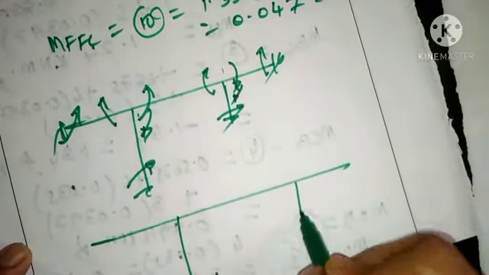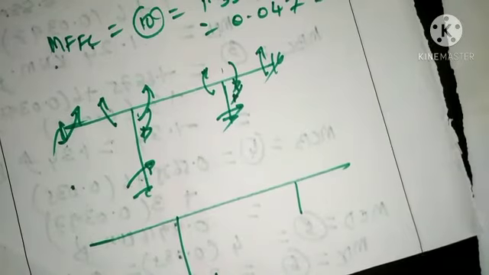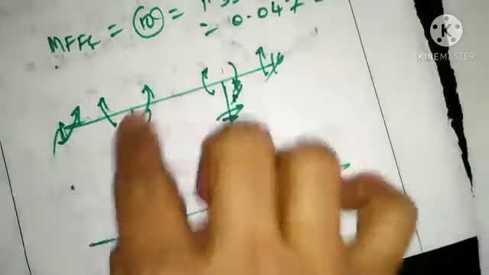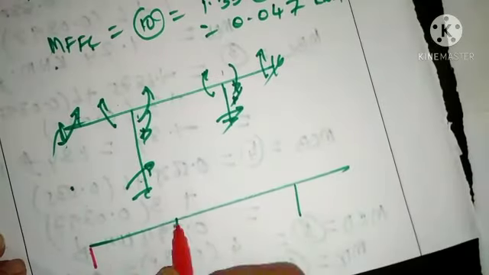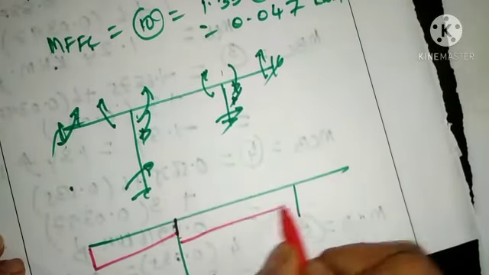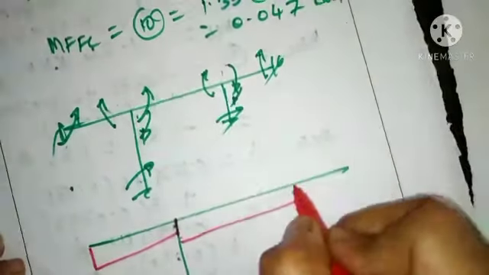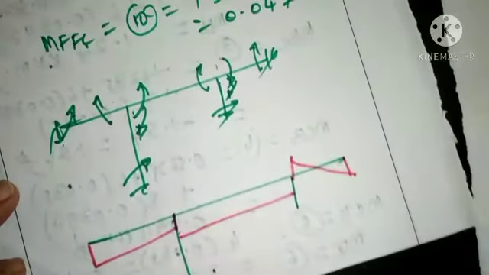Next, we go to these values and the bending moment diagram. If you observe this, the directions of rotation are upward, so the moment will come in downward direction. Similarly, this will come in downward direction. This is downward, so the moment will be upward. This is upward, so the moment will be in downward direction.